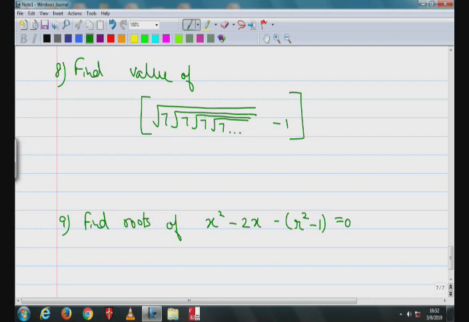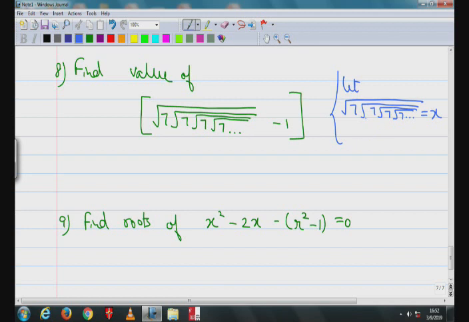See, how to solve this expression? It is written that root 7, then again root 7, then again root 7. So we can do it like this. Let this complete expression be equal to x. We can assume that this complete thing is equal to x.